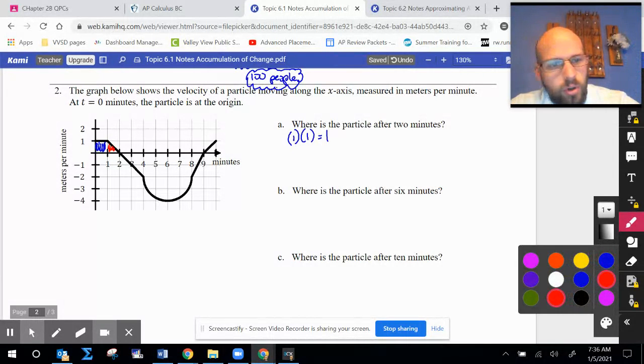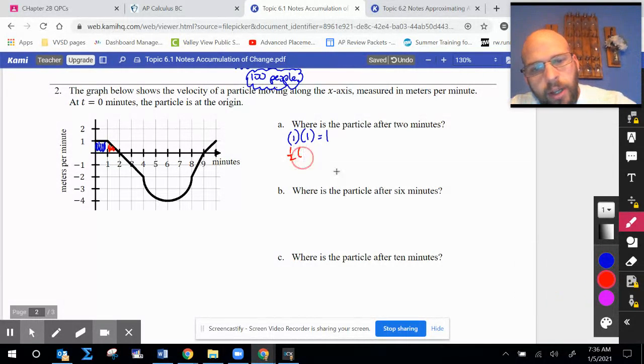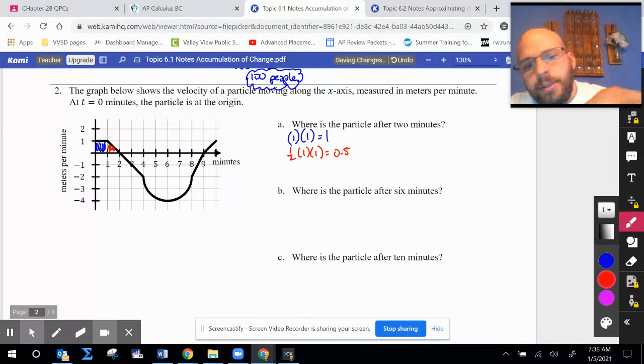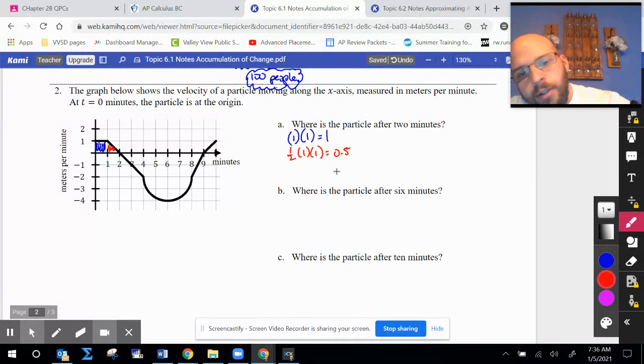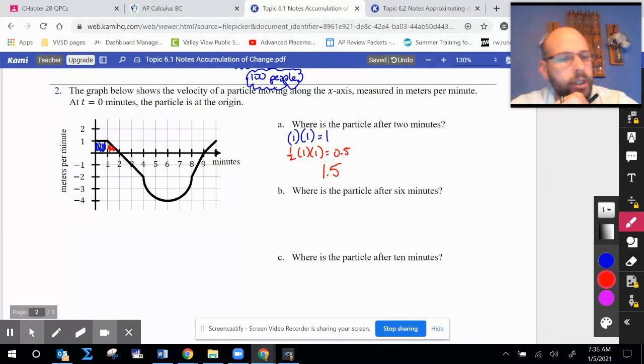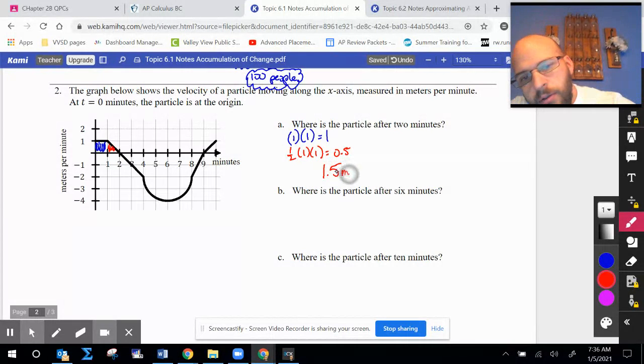And the triangle, which is 1/2, 1 by 1, which should be 0.5. So in this case, where is it after 2 minutes? 1.5, and we need a unit here, meters.